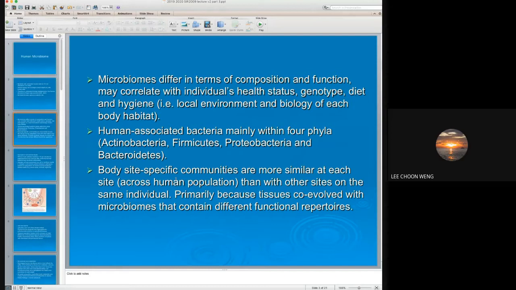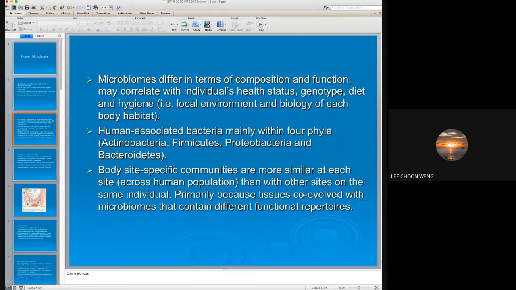What this means is the microbial community, for example, in your mouth is probably more similar to the microbiome in another person's mouth, in contrast to other regions of your body.